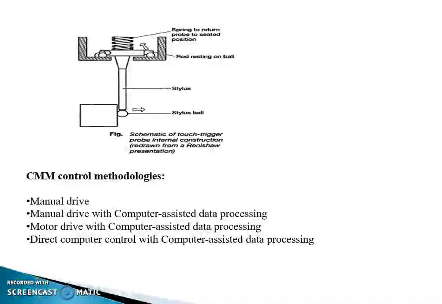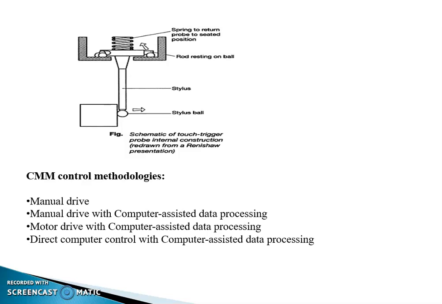In this, the figure shows that three rods are connected to the stylus, which rest on two balls, thus providing 6 points of contact for locating the stylus in the correct position. At the time when the stylus makes contact with the component, the stylus ball is slightly deflected. This is manifested as bending of the stylus, and the stylus assembly pivots about the kinematic contacts, resulting in one or two contacts moving apart.